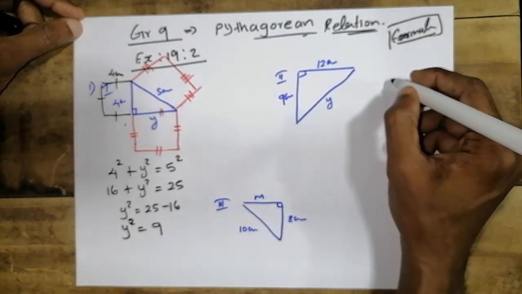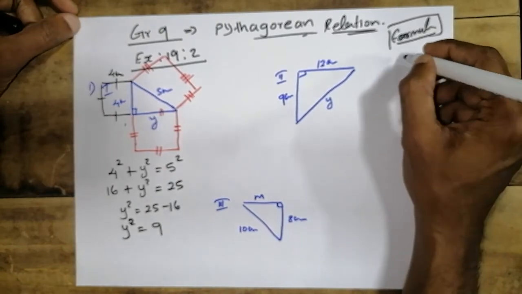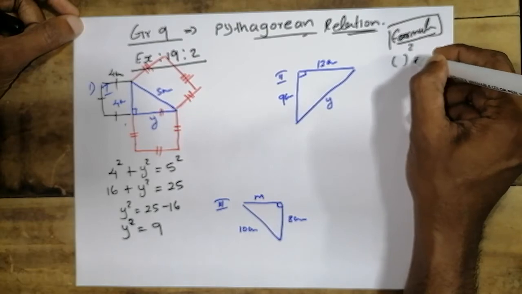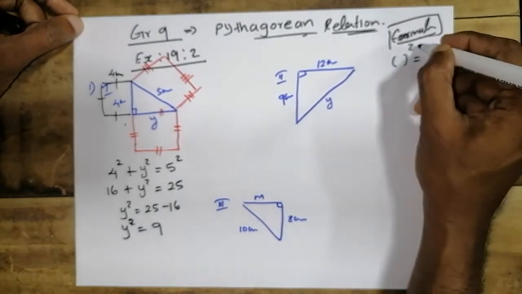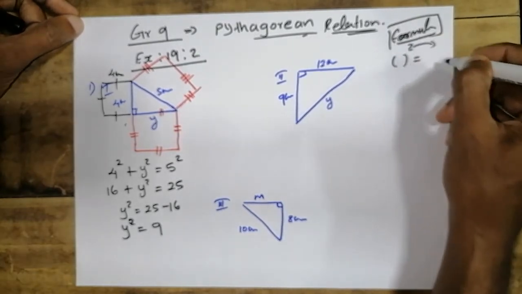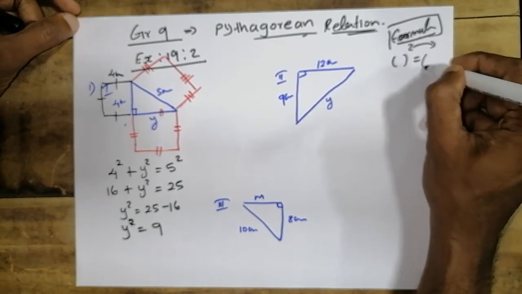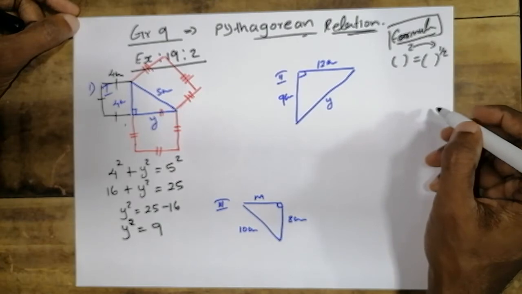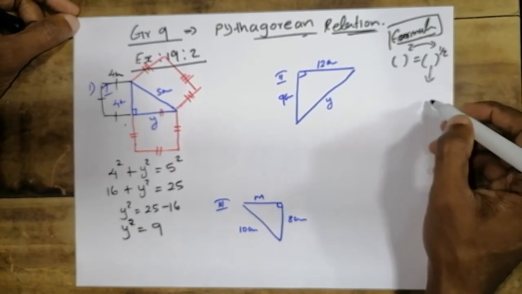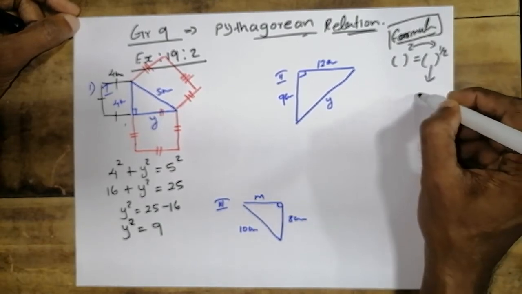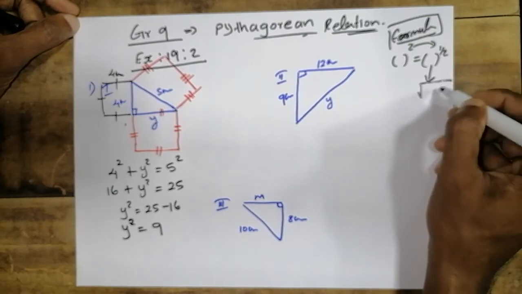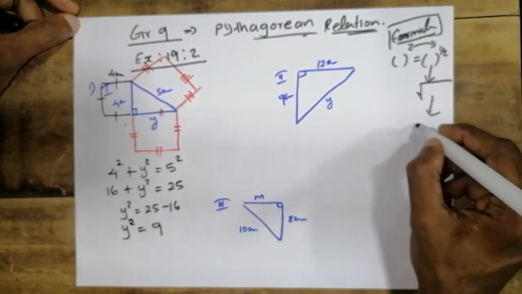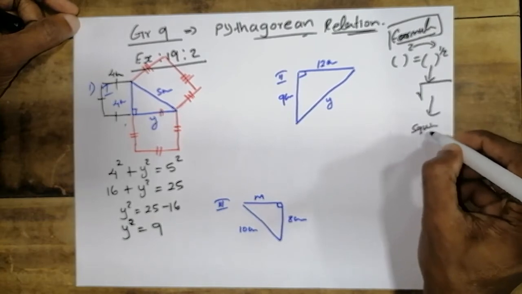So in the theory video we studied, if we have a power of 2, and you send the power of 2 to the other side of the equation, it will change to a power of half. So instead of writing power of half, we write a symbol. This symbol we are already familiar with, we call it the square root.